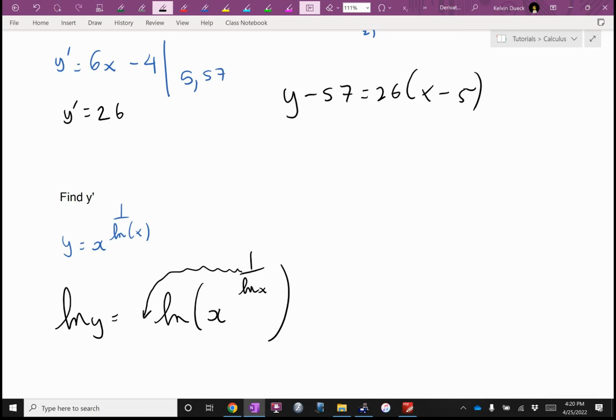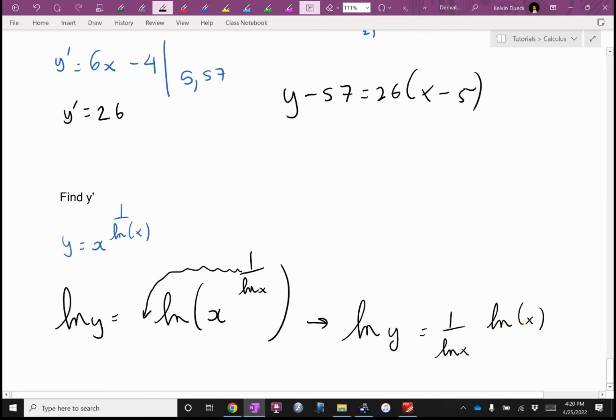Okay? This can be written as ln y equals 1 over ln x times ln x. You can write it as a little tiny fraction like this, and you saw I hate that I started to write it like this right away. That's 1 over ln x.